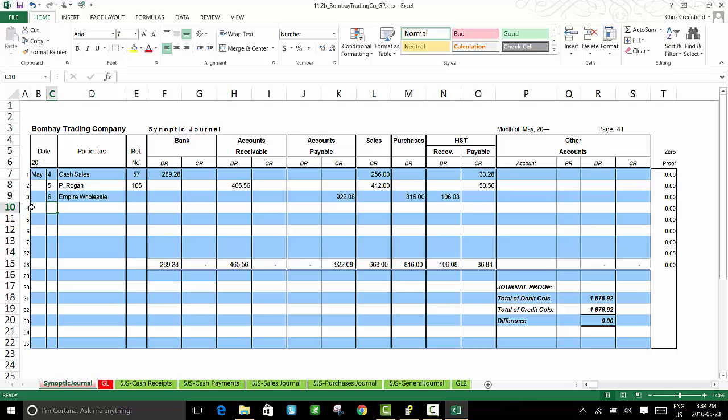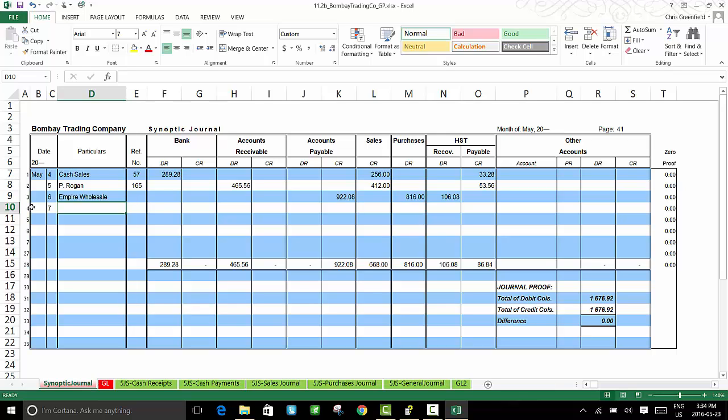So in this case, the fourth entry occurred on May 7th. We have a purchase invoice and check copy number 74 for the cash purchase of supplies from Deluxe Stationery, $235.40 with HST.